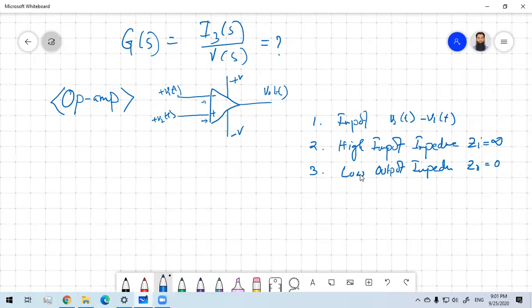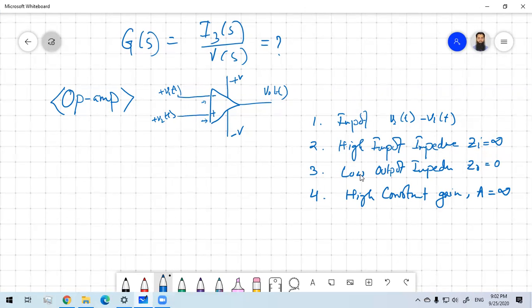All of what we are saying here is the ideal case. And a very high constant amplification gain. Ideally, the gain is infinite.